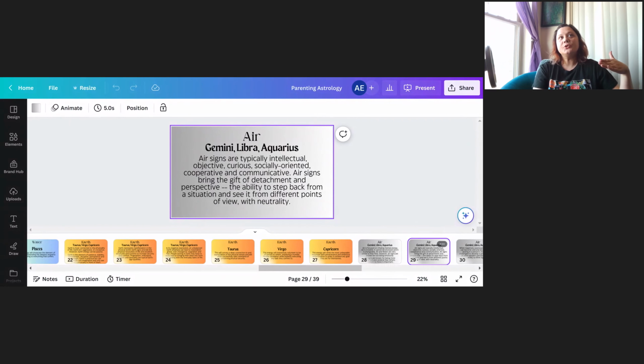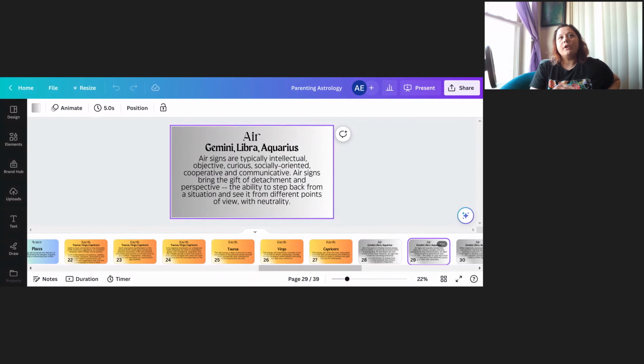So this is something too, if you have a lot of air, you might take a second to respond to somebody when they tell you something, especially something that needs an objective response. And some people might take this negatively and think that you're judging them, but all you're doing is taking the information in and trying to decipher the best response by seeing it from every angle.